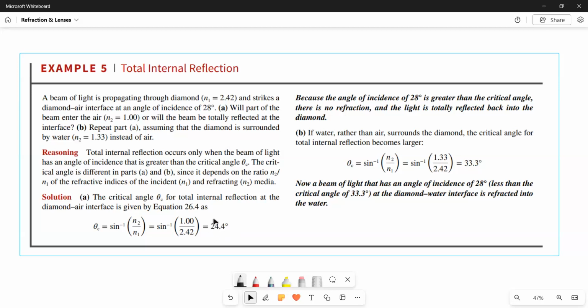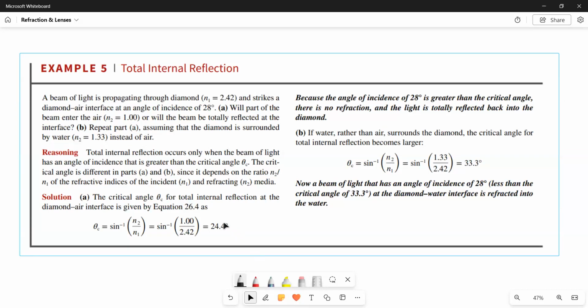The critical angle is the ratio of N2 over N1. So air to diamond, that's the ratio. So when we find sine inverse, I get 24.4 degrees. So this here is the critical angle of diamond to air, air to diamond, sorry.